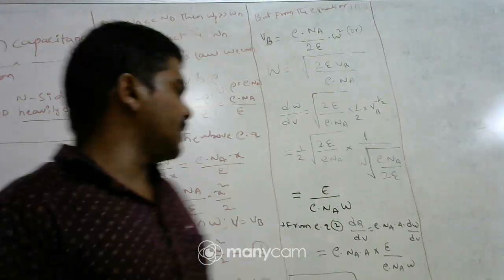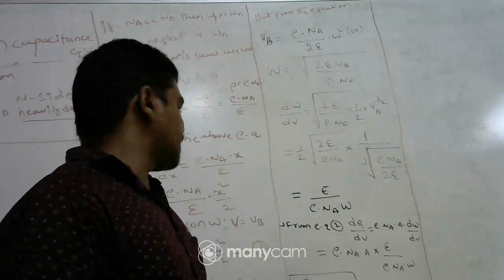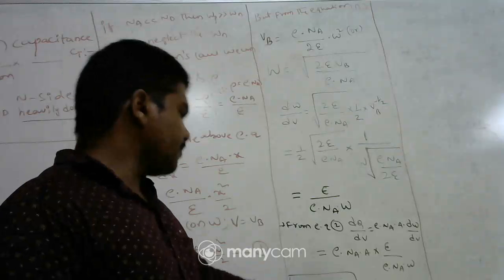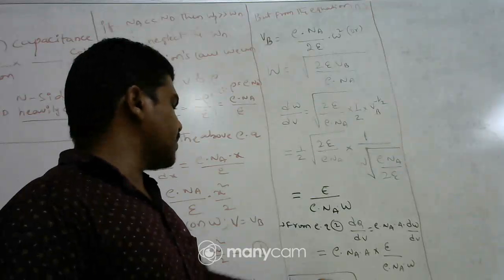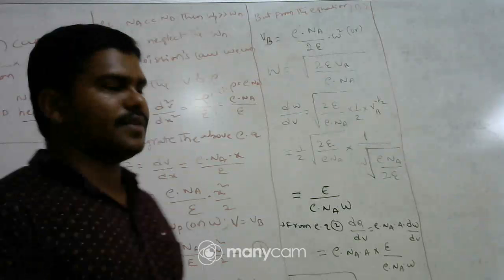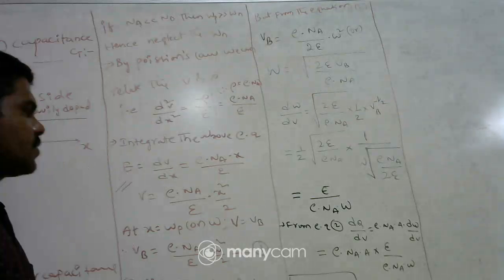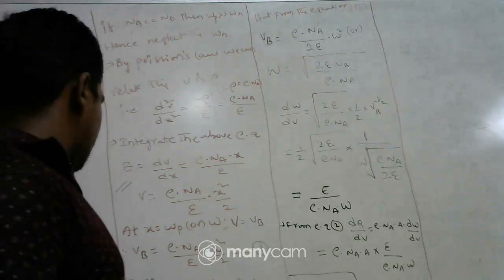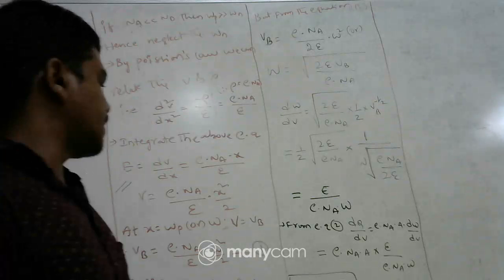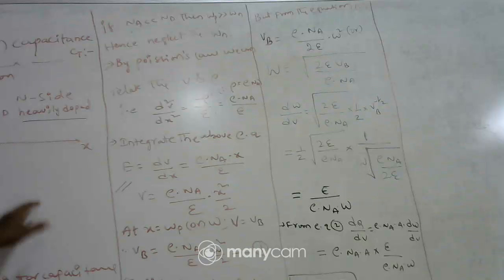That is the equation we derived here: transition capacitance is equal to permittivity epsilon A by width W. Okay, so this is the equation. In most books they directly give this equation. If you note this down, it is very easy to understand this concept. Okay, thank you.